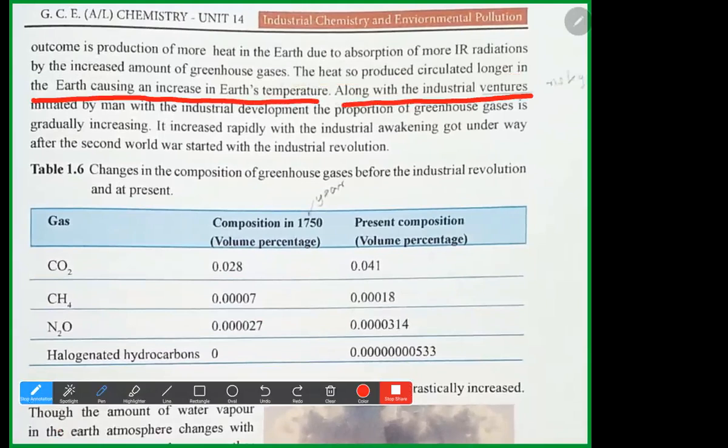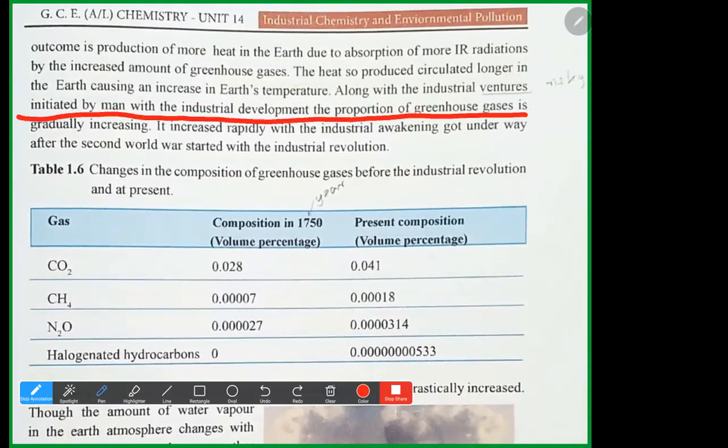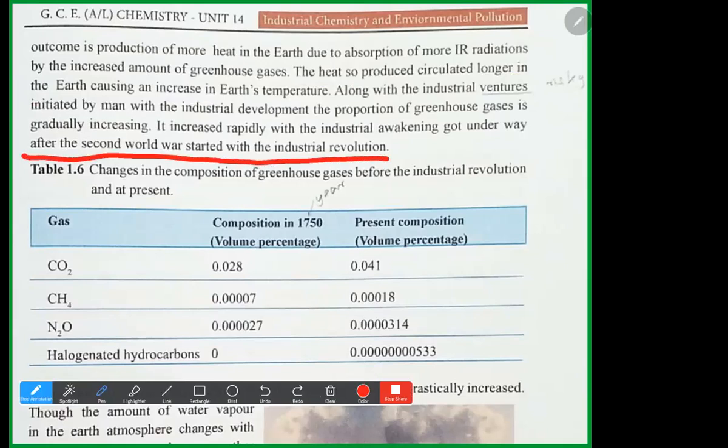With the industrial ventures initiated by man, the proportion of greenhouse gases is gradually increasing. It increased rapidly with industrial awakening after the Second World War, which started with the Industrial Revolution.